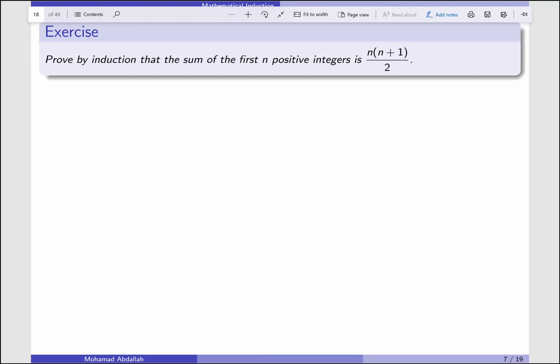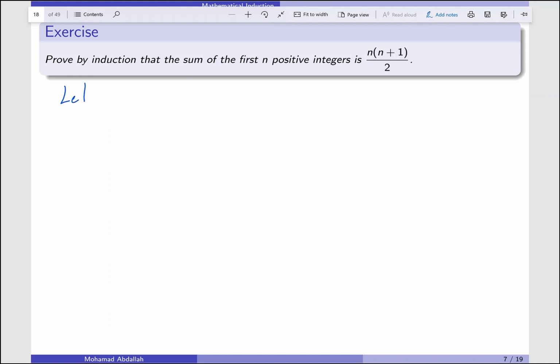Let's begin by trying this example. Prove by induction, which is the same as saying mathematical induction, that the sum of the first n positive integers is n times n plus 1 over 2. What does this mean? Well, let's see. The first n positive integers, the first one positive integer is 1. Let's define this.